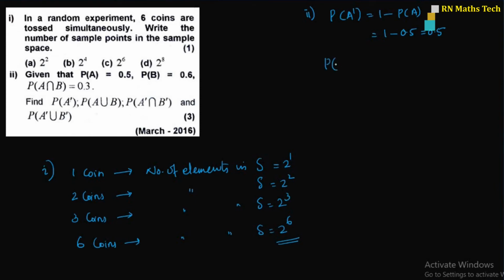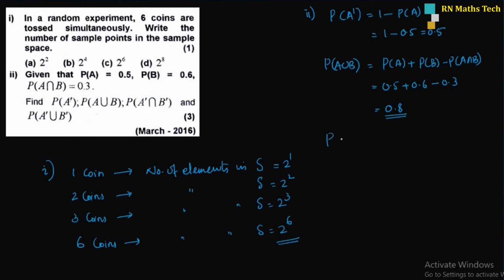Now P of A union B equals P of A plus P of B minus P of A intersection B, that is 0.5 plus 0.6 minus 0.3, that's equal to 0.8, P of A union B.